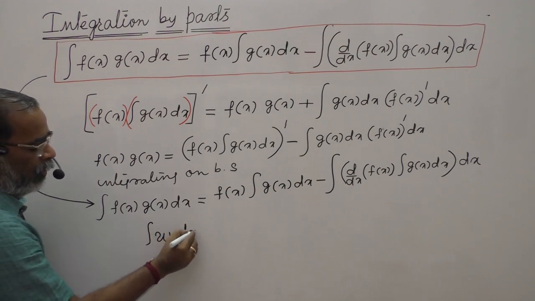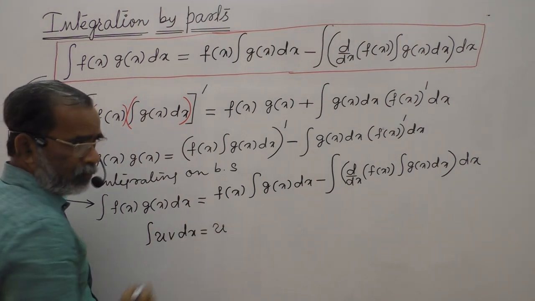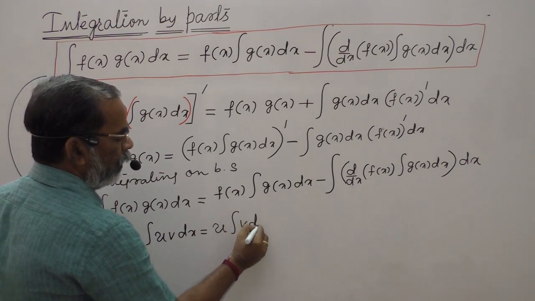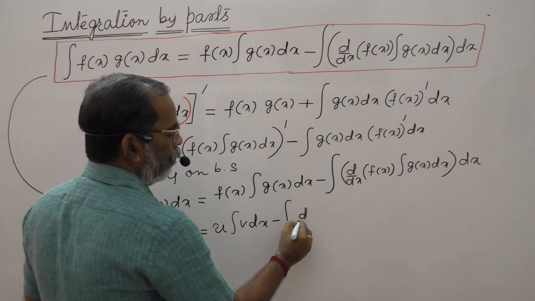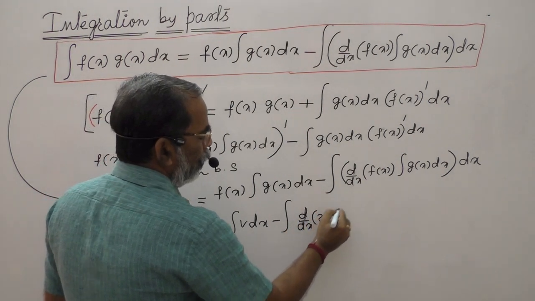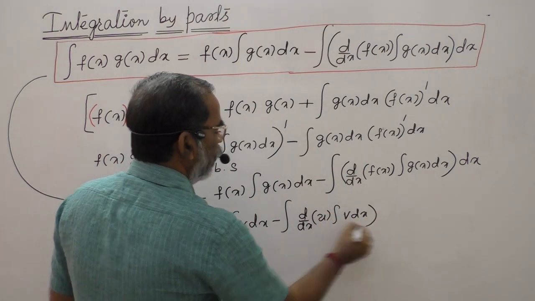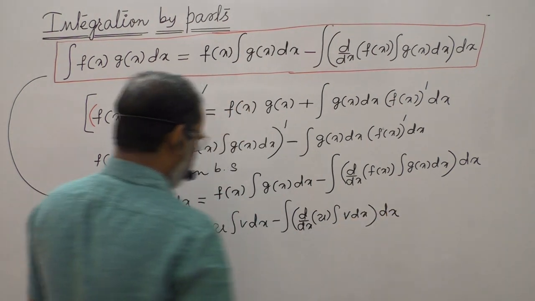Integral uv dx is equal to, simple. So what is this? First function u into integral v dx minus integral of d by dx of u into integral v dx, for this entire thing, one more integral dx.